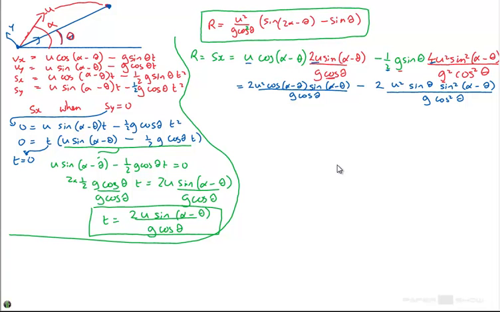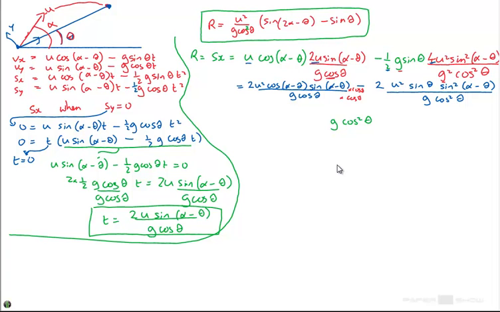So if we go here, we're going to have to add these together. We're going to have to get the lowest common denominator for these two fractions, which in this case is the larger one, g cos squared theta. Now, to change the first fraction into g cos squared theta, we'd have to multiply above and below by cos theta.